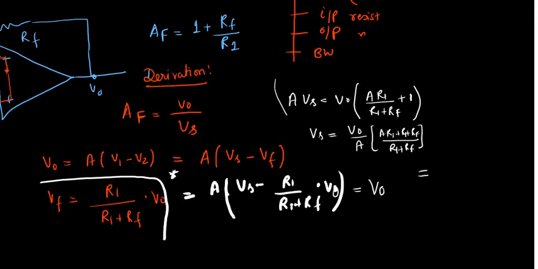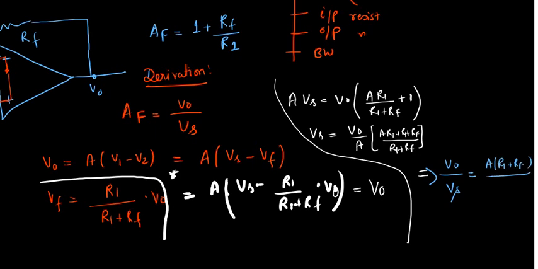So next would be V0 by Vs, right? This was our target. A times (R1 plus RF) divided by (A R1 plus R1 plus RF). This is your AF.